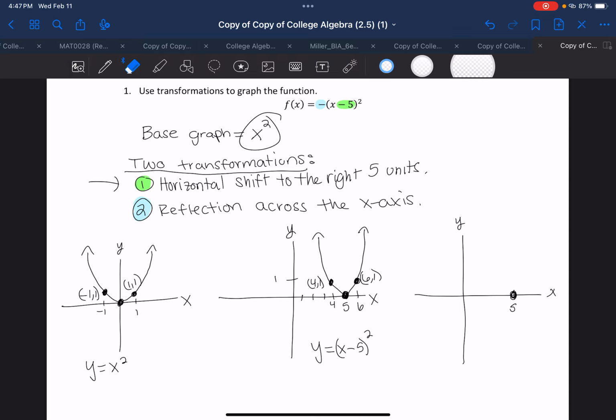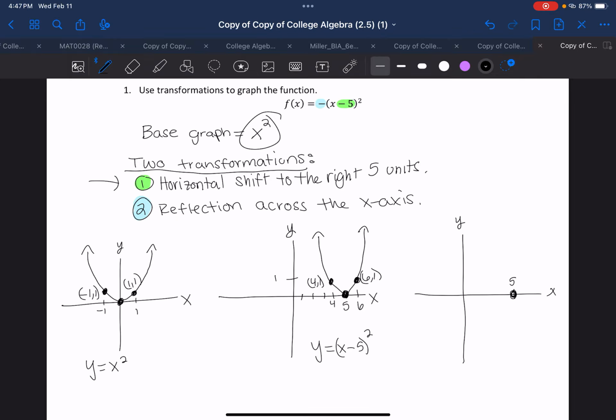Oh, let me write that above. But the (4, positive 1) would become (4, negative 1). And the (6, positive 1) would become (6, negative 1). And then this would be it.